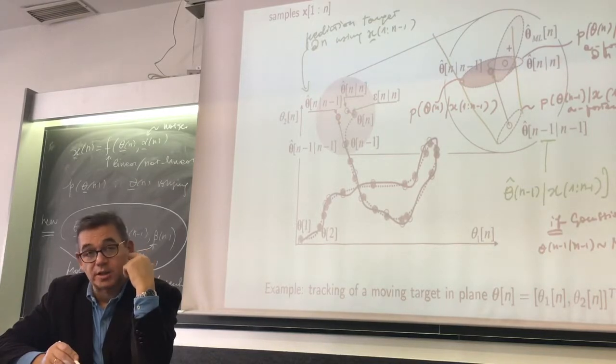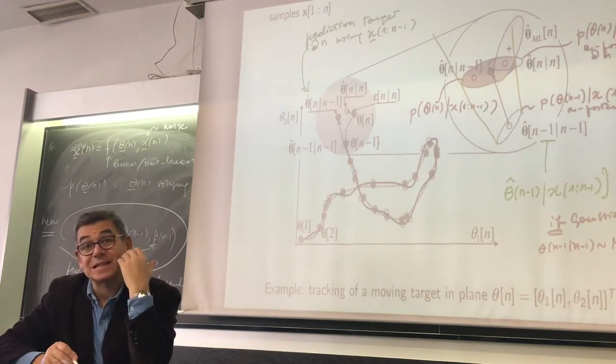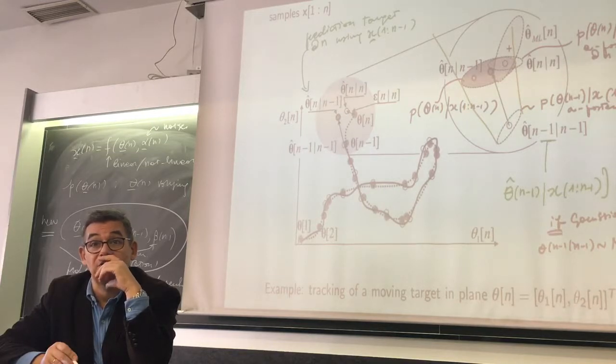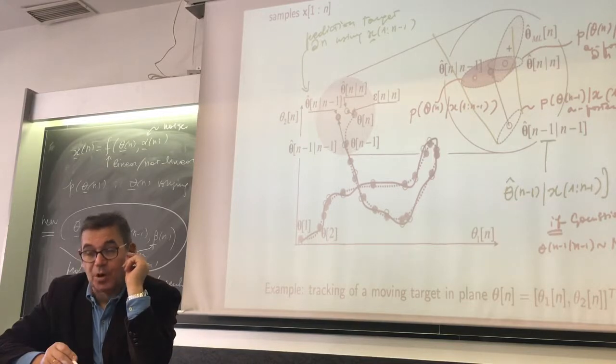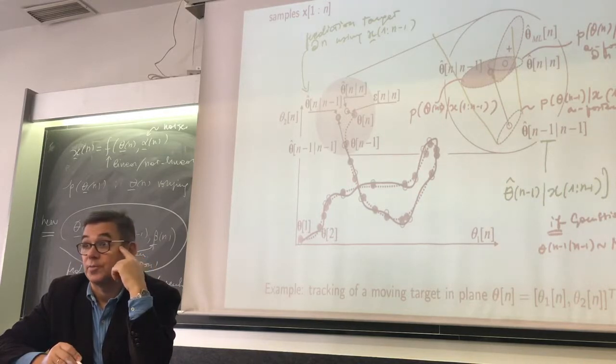So the main concept that I'm passing you is the following. If I want to say what is the best a priori probability density function that I might find in this iterative procedure, my best a priori is the a priori that I get by the prediction mode.